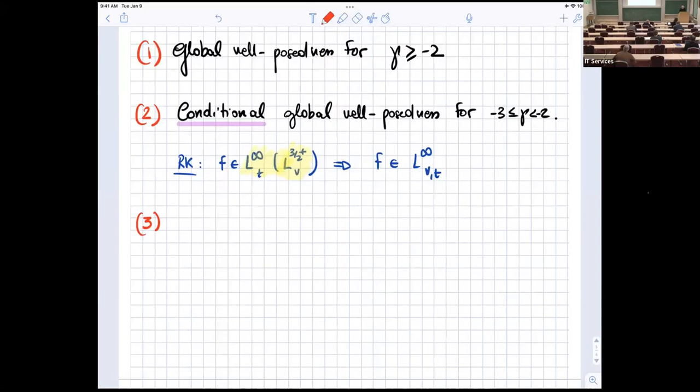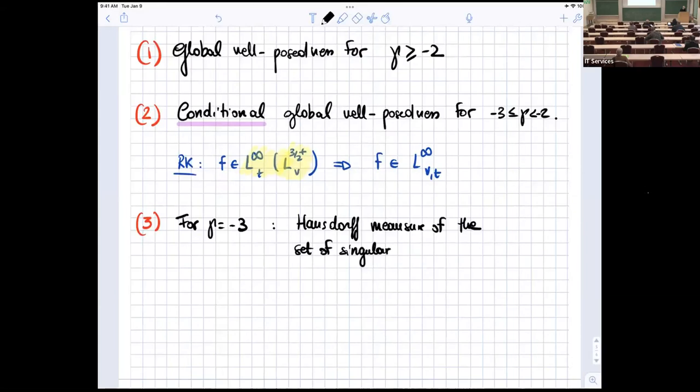The other result is for Coulomb, so for gamma equal to -3. So this is not conditional, this is a real one. Then the Hausdorff measure of the set of singular times is less or equal than 1/2.